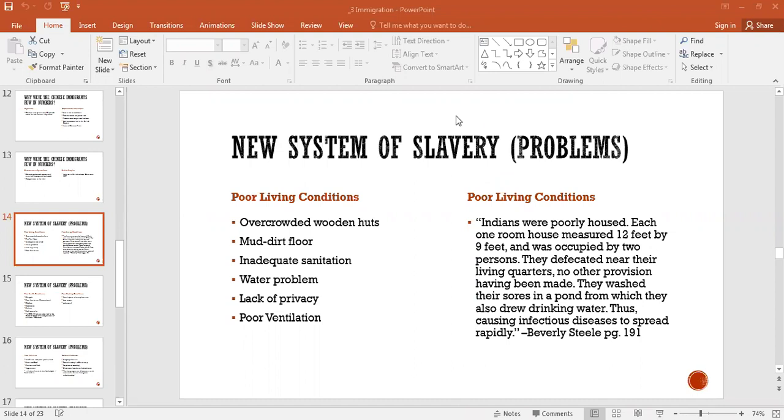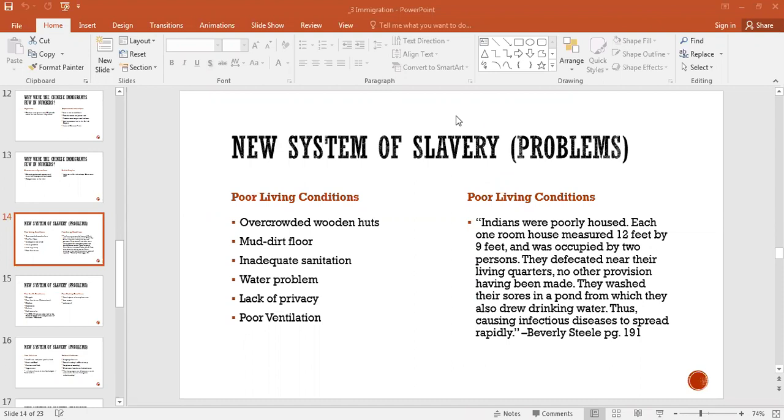Sir, could I say that due to the significant amount of immigrants that came from countries like India or China, there was overcrowding in the wooden huts they resided in, and then you develop it and say that due to the overcrowding there was inadequate sanitation because there weren't enough sanitation facilities.